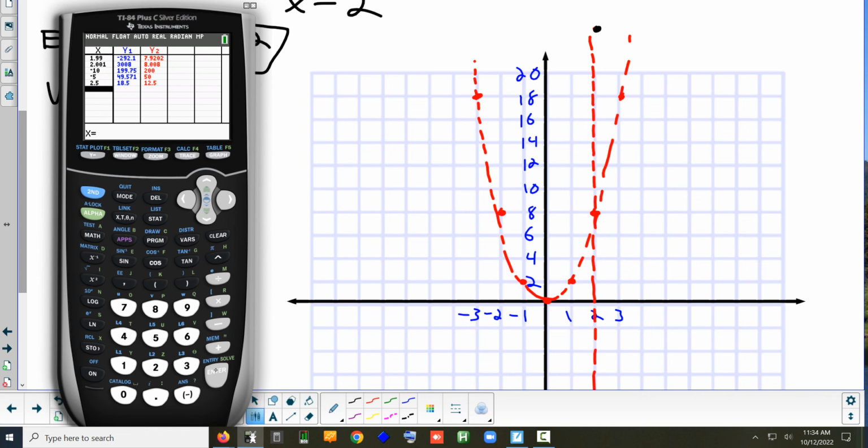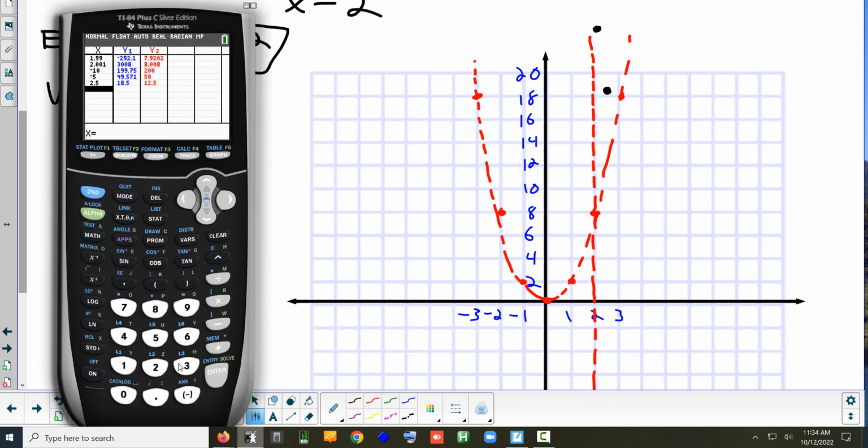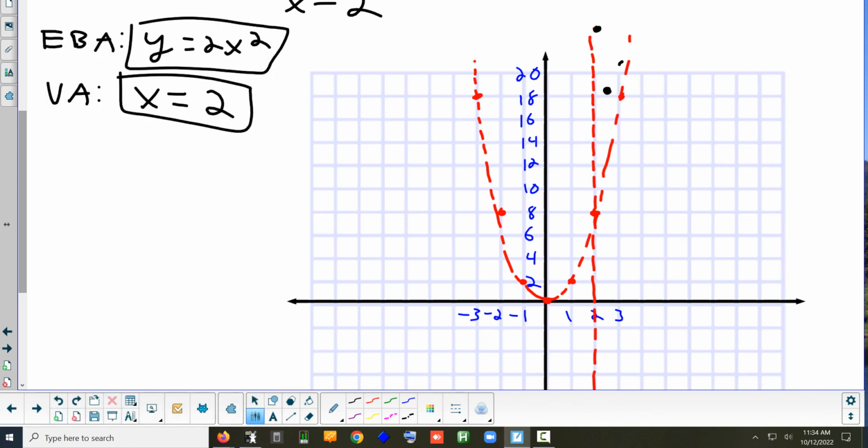At 2.5, we're at 18.5. What's y2? Oh, that was my EBA. Okay. So 2.5, we're at 18.5, maybe right about there. You could try 3, but I think 3 is going to be off the graph. 3 is up at 21. So we can kind of estimate that. 3, 21.